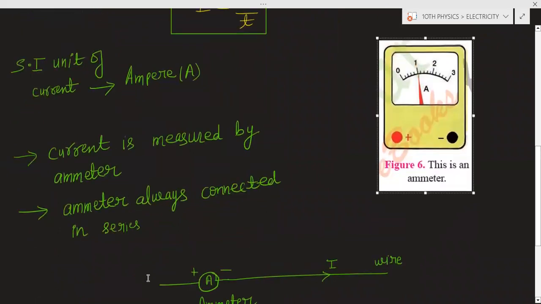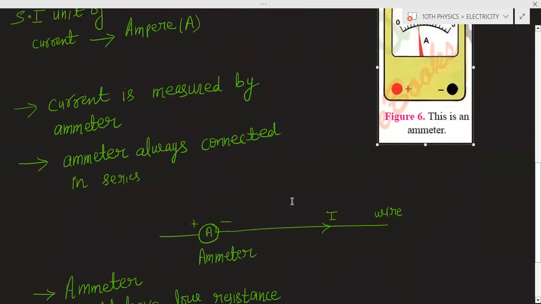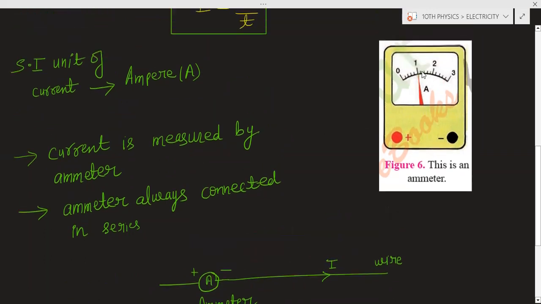See how the ammeter is connected. Suppose in this wire there is some current flowing. To calculate that amount of current, you will connect an ammeter. This is the symbol of an ammeter. You connect the ammeter like this with the wire.